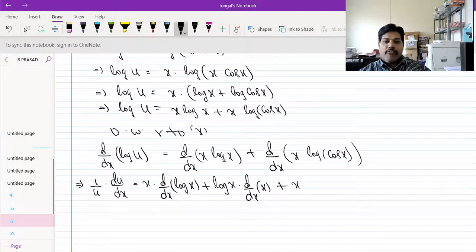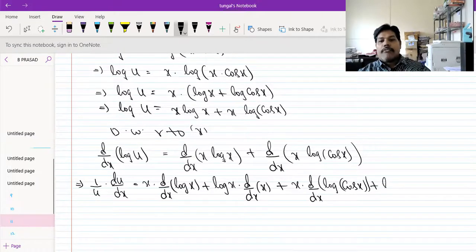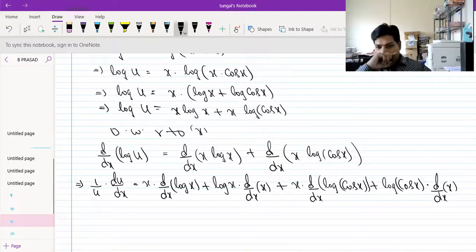So u into the derivative of the second function, that is log of cos x, plus log of cos x into the derivative of x. Do you understand that? So u into v dash plus v into u dash.